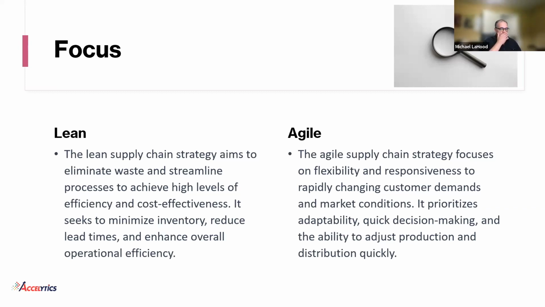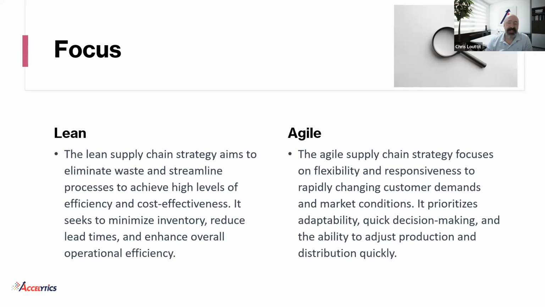In these two variations, the lean supply chain strategy aims to eliminate waste and streamline your processes for high levels of efficiency and cost effectiveness. A lot of times you'll see this referred to as just in time. It seeks to minimize your inventory and reduce your lead times and enhance your overall operational efficiency.